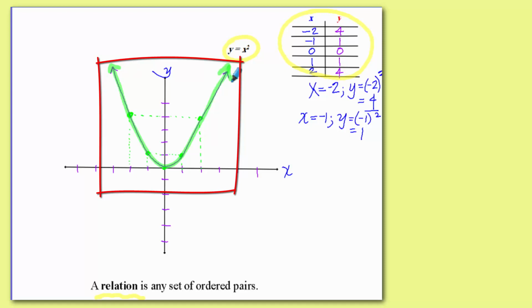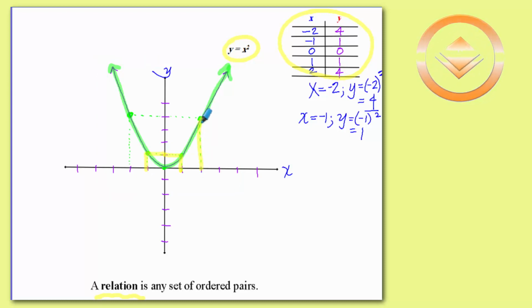We have a highlighted graph, and as you can see, for every x value, we get a corresponding y value.